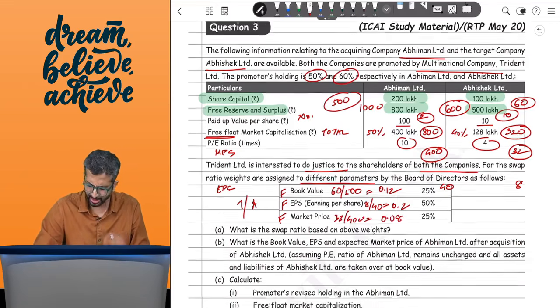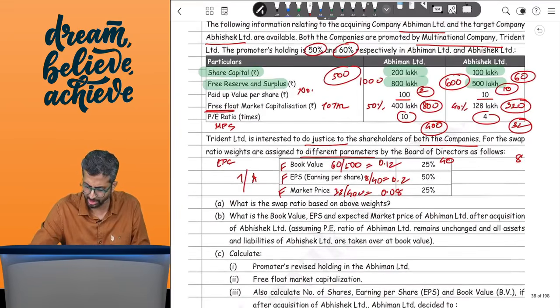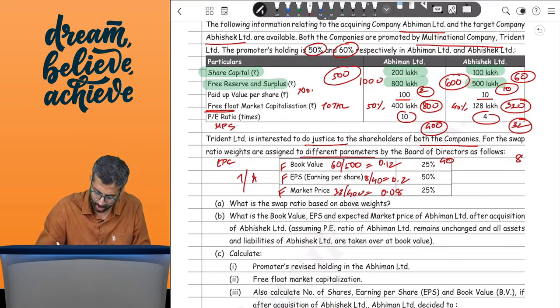So if I take the weighted average swap ratio, taking all of these numbers, 0.12 into 25%, 0.2 into 50%, and 0.08 into 25%, and if you total up, this comes to around 0.15. So what is the swap ratio? I think 0.15, and there are I think 10 lakh shares, so the number of shares to be issued will be 0.15 into 10 lakh shares, which comes to around 1.5 lakh shares to be issued.